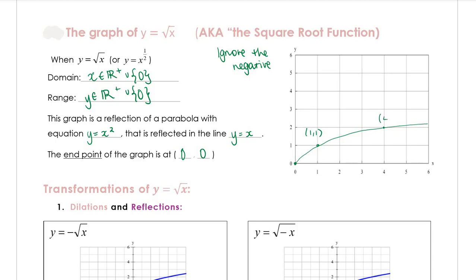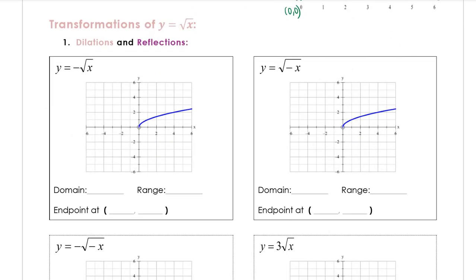This can once again obviously be changed with things like dilations, reflections, etc., which we're going to go through as well. Now, reflections and dilations follow the same rule as they do with every other graph. If I've got a negative on the outside of the function, this means that it's being reflected in the x-axis.